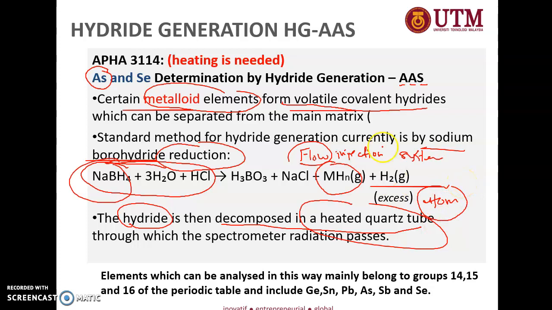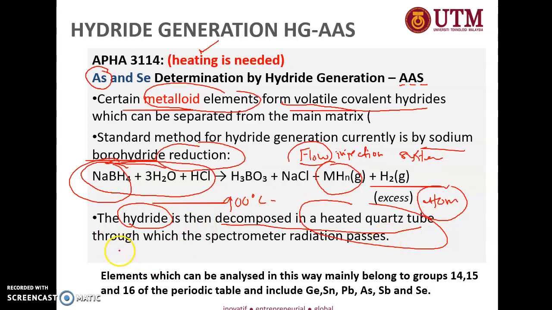In this case, heating is still needed to decompose the hydride, and usually the temperature used is 900 degrees C. It is not as harsh, not as high a temperature, as compared to flame AAS and graphite furnace AAS.